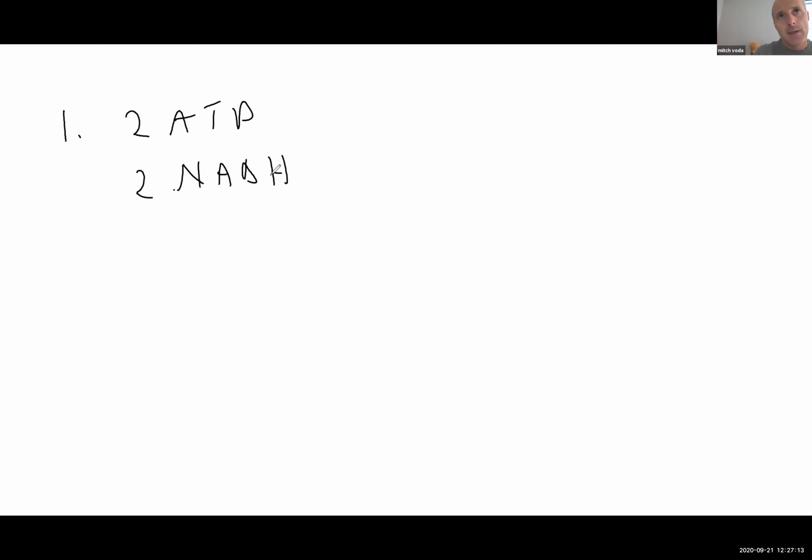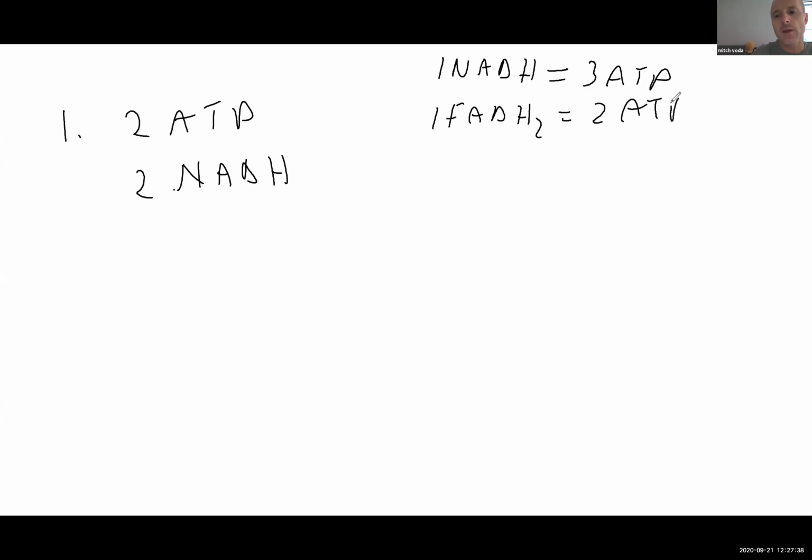Now, in theory, and please just remember this one, I'm giving you whole numbers rather than different numbers, like half a number or quarters of a number. For each NADH, we get 3 ATPs in the electron transport chain. For each FADH2, we get 2 ATP.